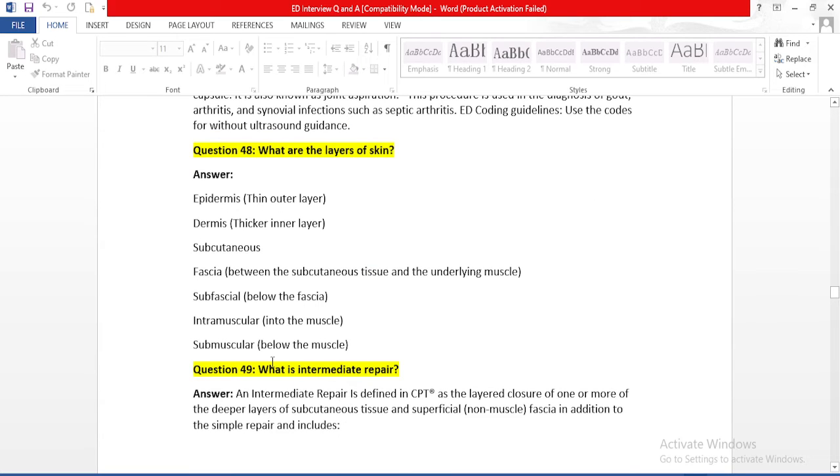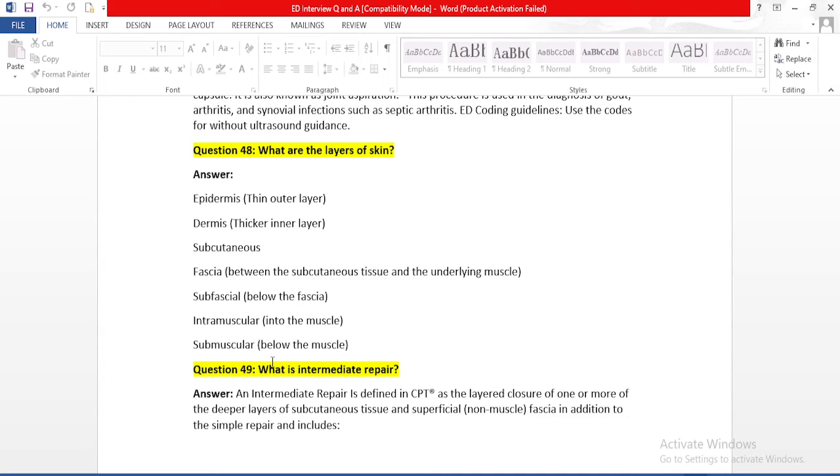Next question, what are the layers of skin? In order to code excision of lesions, you need to know the layers of the skin. Here: epidermis, dermis, subcutaneous tissue, fascia, subfascial, intramuscular or submuscular.